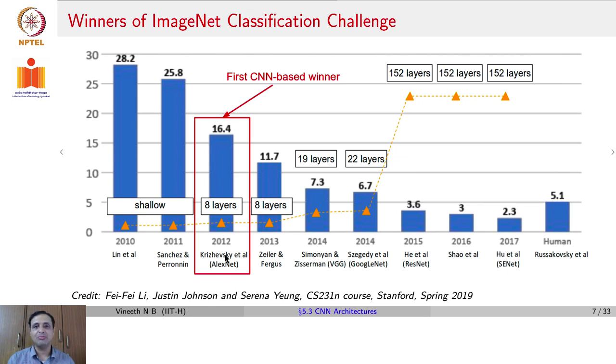And since 2012, every year's challenge has been won by a CNN, significantly outperforming other shallow machine learning methods. The traditional machine learning methods are often called shallow learning because you don't have deep learning over many layers. But this will become clearer in the next week's lectures when we try to understand what value the depth of the neural network brings to the architecture.